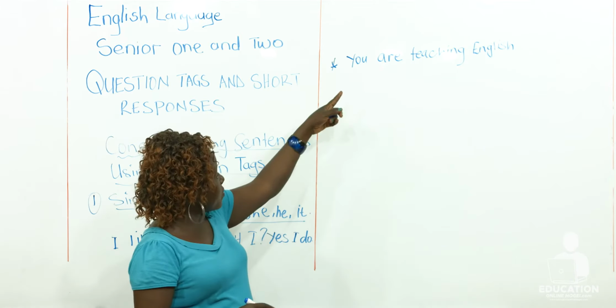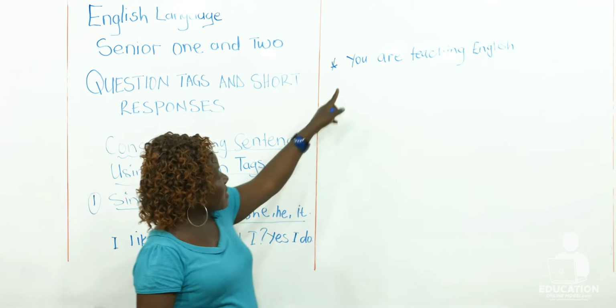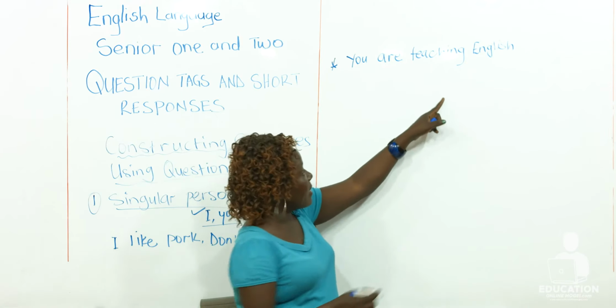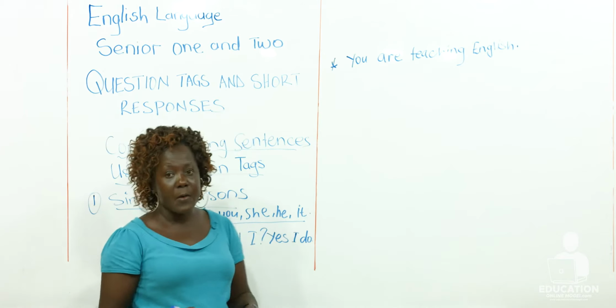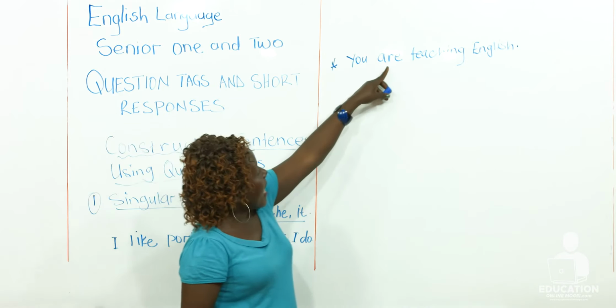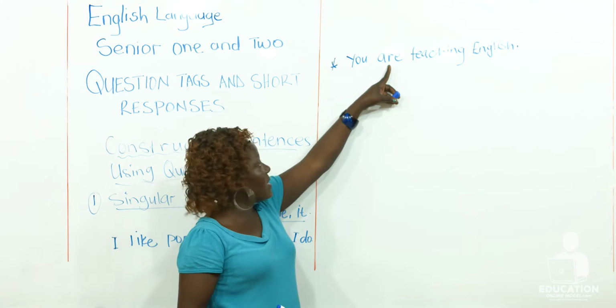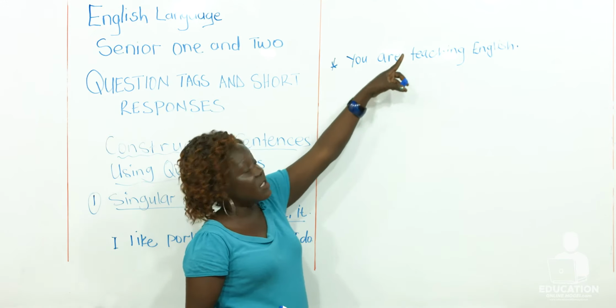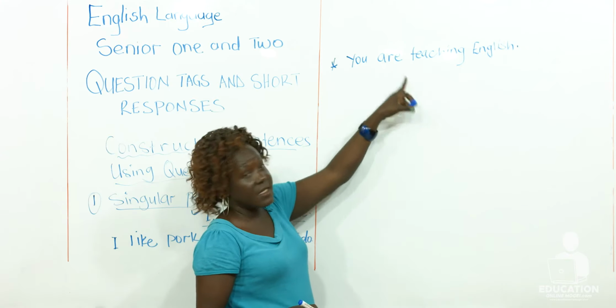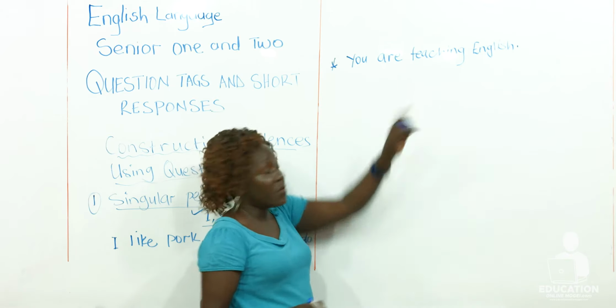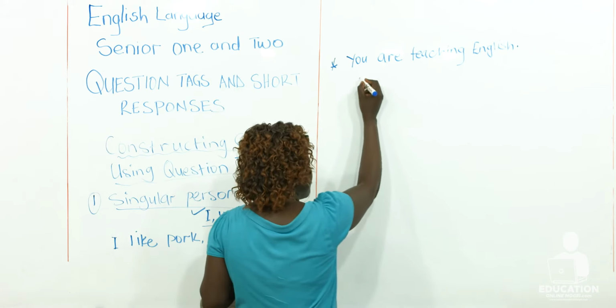Now, what is going to be our tag here? This is a positive statement. With observation of this, apply the tag now. Here, you will maintain are. You will not say, you is teaching English. Or you will not come and say, isn't you? You will come and say, aren't you?